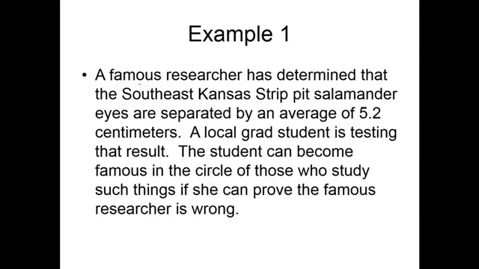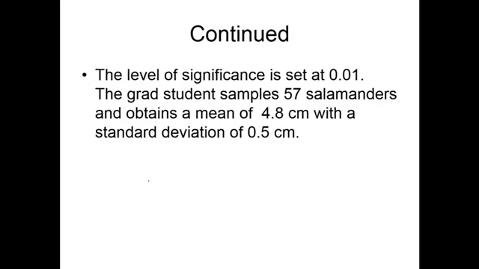So example 1. A famous researcher has determined that the southeast Kansas strip pit salamander's eyes are separated by an average of 5.2 centimeters. A local grad student is testing that result. That student can become famous in the circle of those who study such things if she can prove the famous researcher is wrong. The level of significance is set at 0.01. This is a very tight test. She only wants to be wrong 1% of the time.